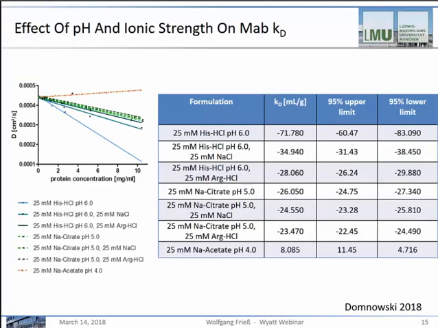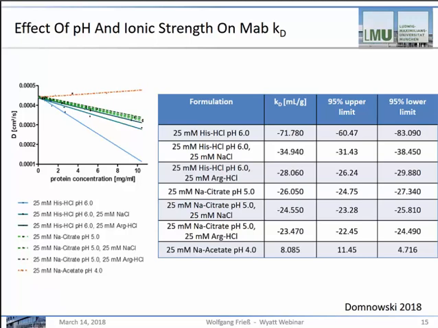Here you can see a typical effect of pH and ionic strength on this interaction parameter of a monoclonal antibody. You see the original curves on the left-hand side for histidine buffer, citrate buffer, and acetate buffer at different pH and in the presence of sodium chloride or arginine hydrochloride.